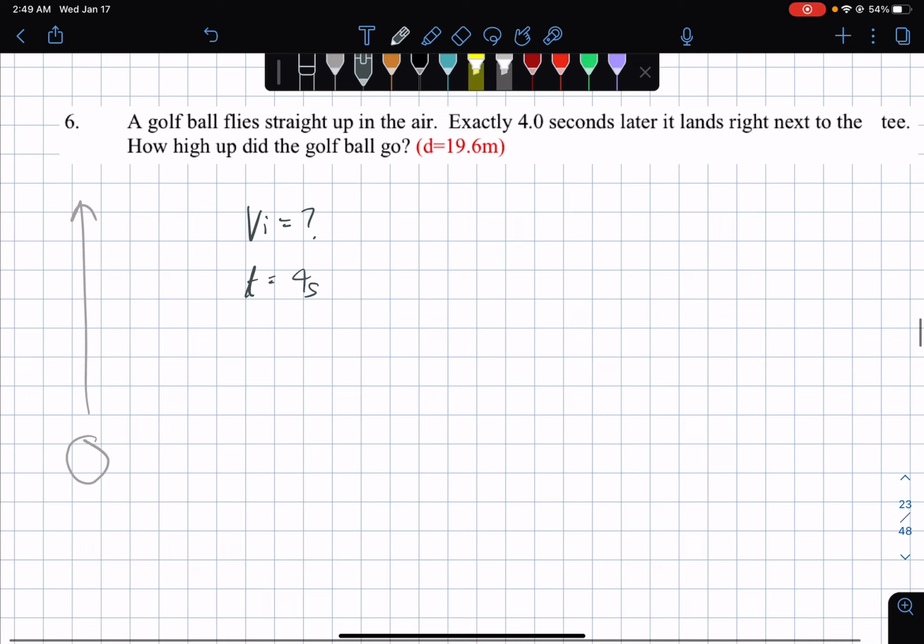So, yeah, the distance is what we're looking for. Gravitational acceleration of the projectile going up is negative 9.8 meters per second squared.